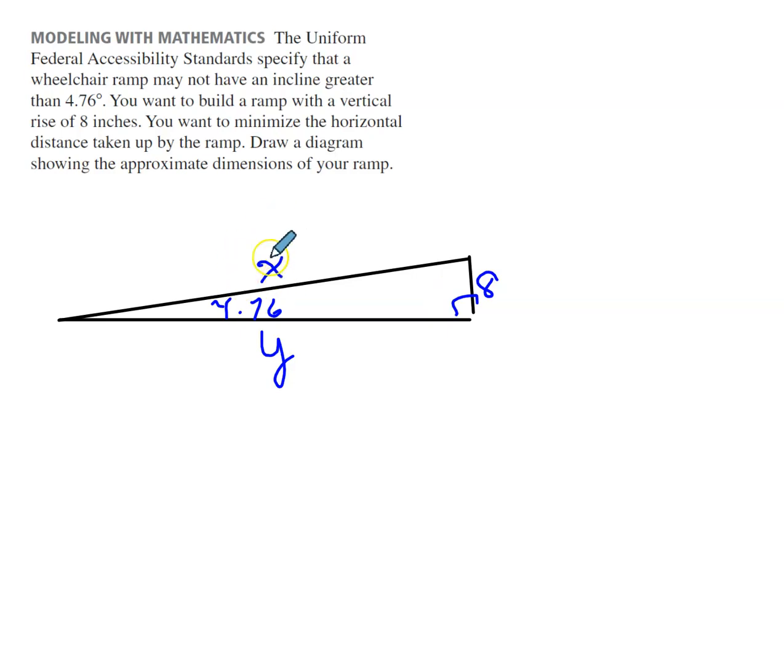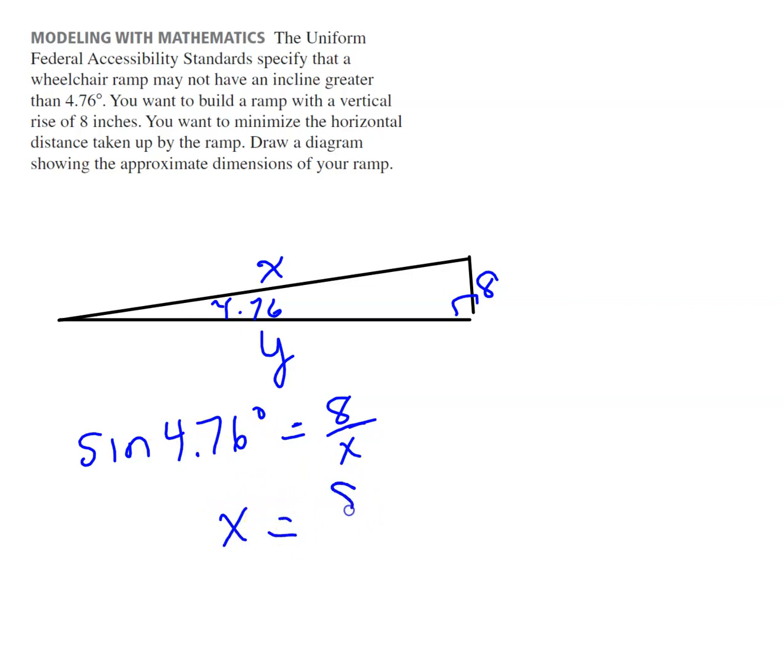So let's find x first. Well, for this angle, 8 is our opposite side and x is our hypotenuse. So we're going to use the sine of 4.76 degrees is equal to the opposite, which is 8, over the hypotenuse, x. This is like one of the ones we did the other day. Since it's divided by x, we can just flip-flop the sine and the x.